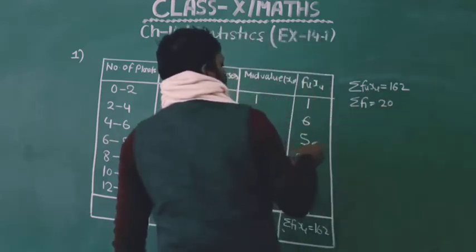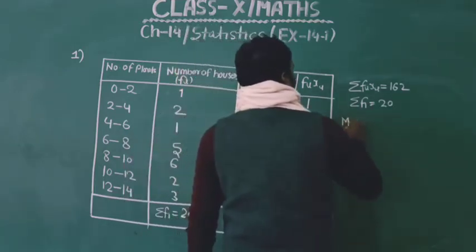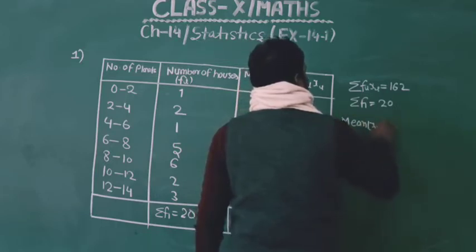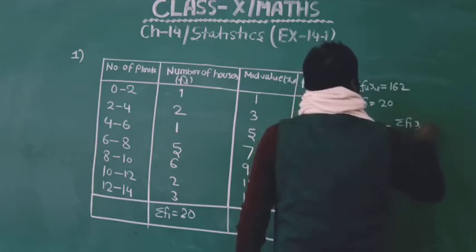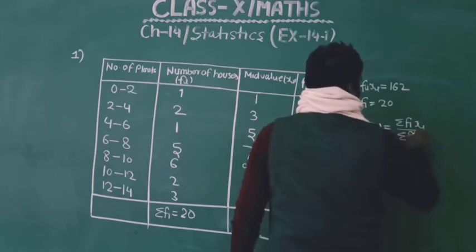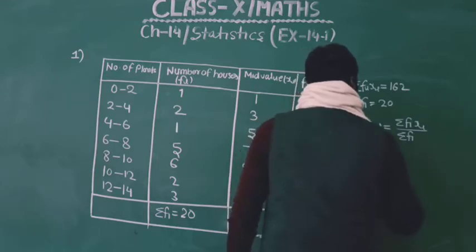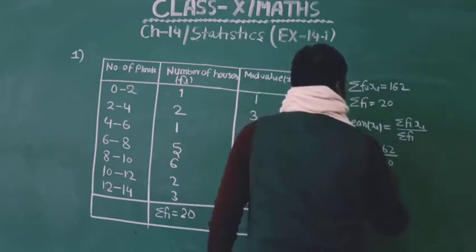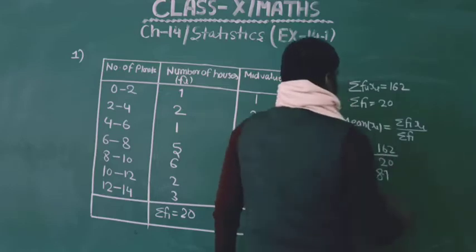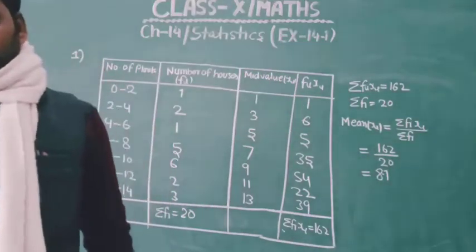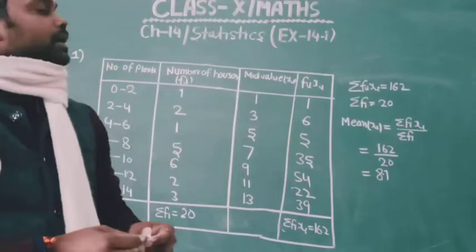By using the formula to calculate the mean, mean equals sigma fi xi upon sigma fi, which is 162 upon 20 equals 8.1. So 8.1 is the mean of the given data.